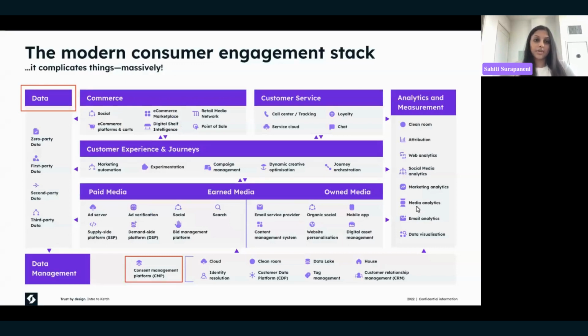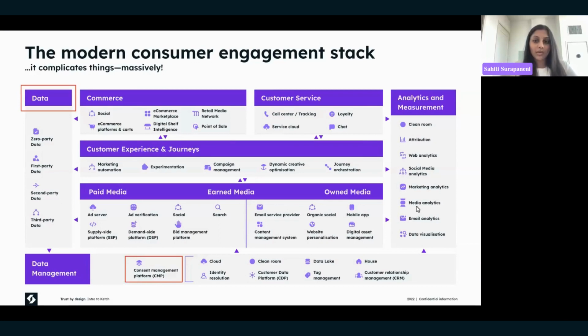Well, it's 2023 now. The modern consumer engagement stack has gotten massively complicated and complex, and a cookie banner just won't cut it. Organizations are using so many different types of data, such as zero-party data, first-party data, second-party data, and even third-party data.